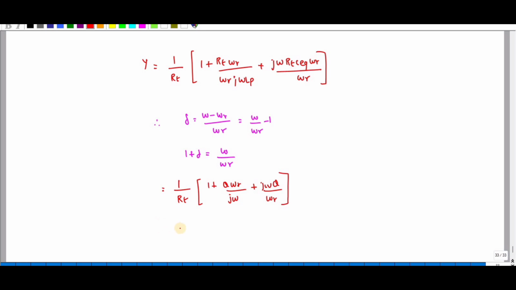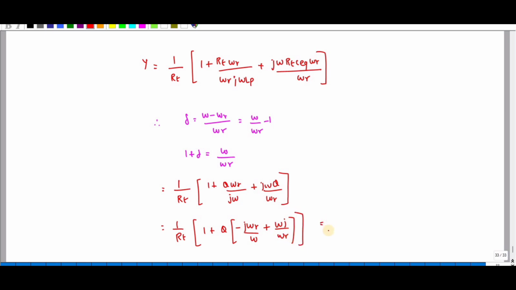Okay, so now you can take this Q common. If we take Q common and multiply j and j and the whole term, I will get omega r divided by omega plus omega divided by omega r.